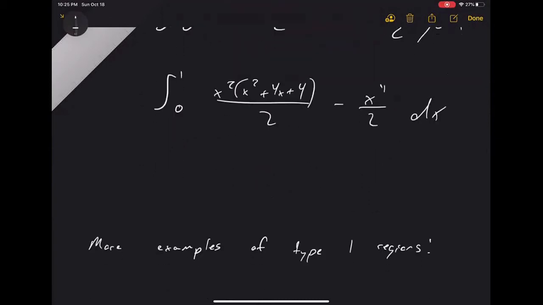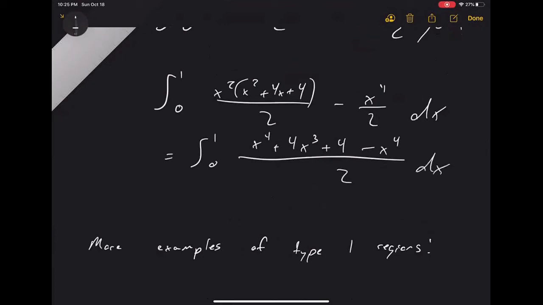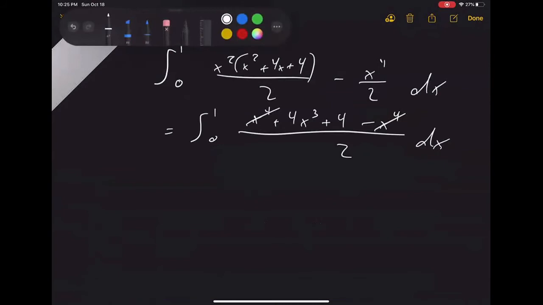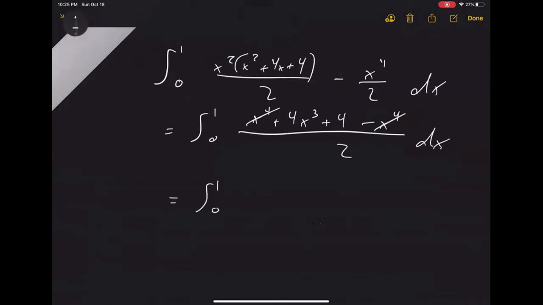Multiplying that out, my x to the 4ths cancel. I'm missing an x there, x squared, actually.